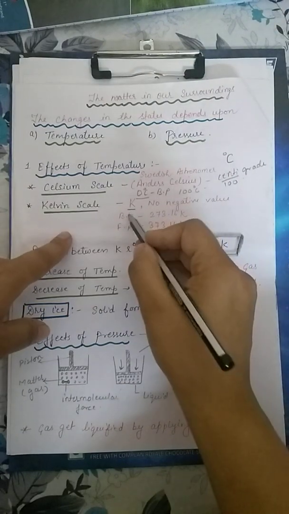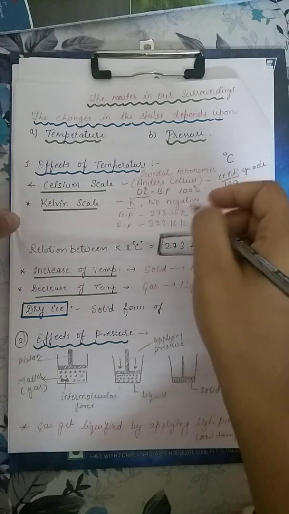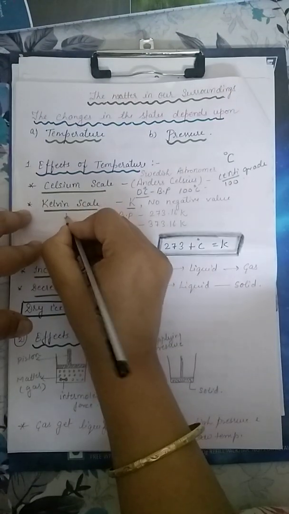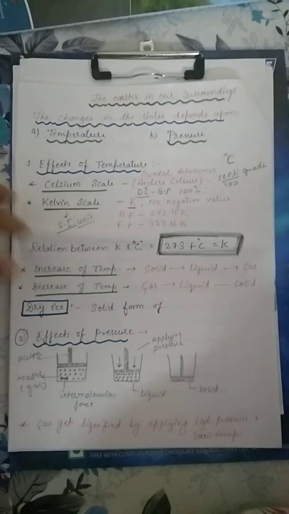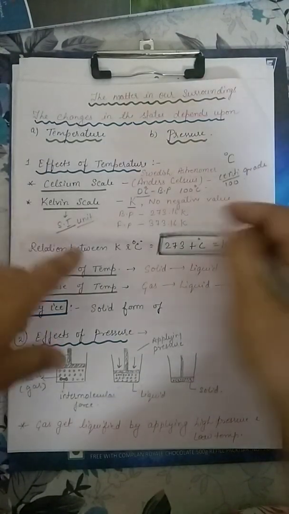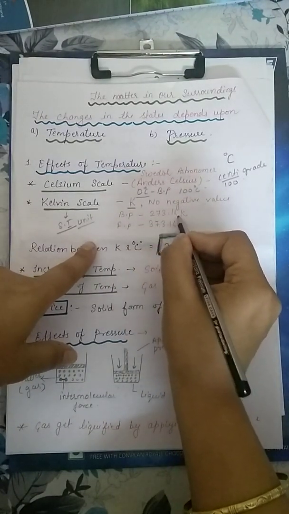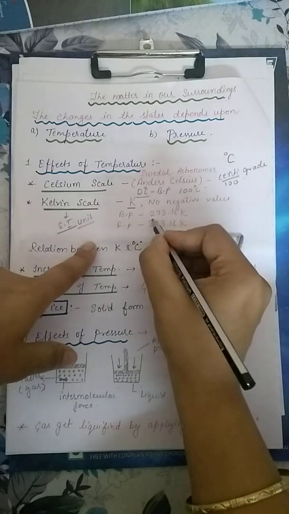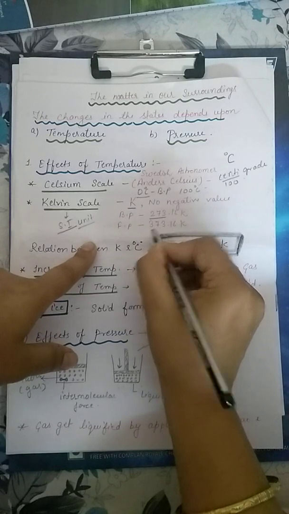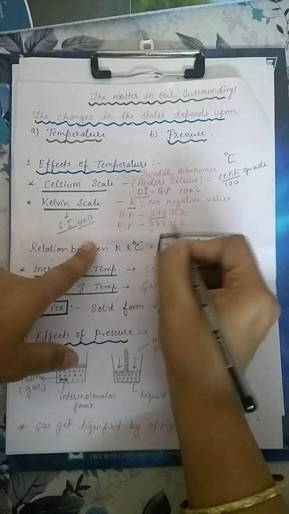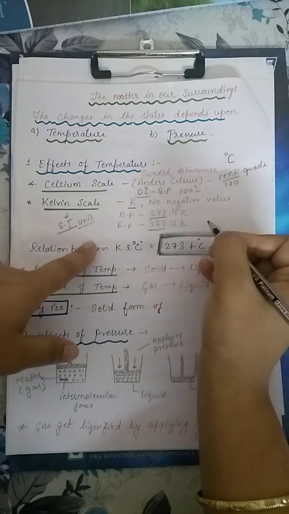It is also the SI unit, the standard unit of temperature. The freezing point for this is 273.16 Kelvin, and we generally take 273 Kelvin. The boiling point is 373.16, and we can take 373 Kelvin.